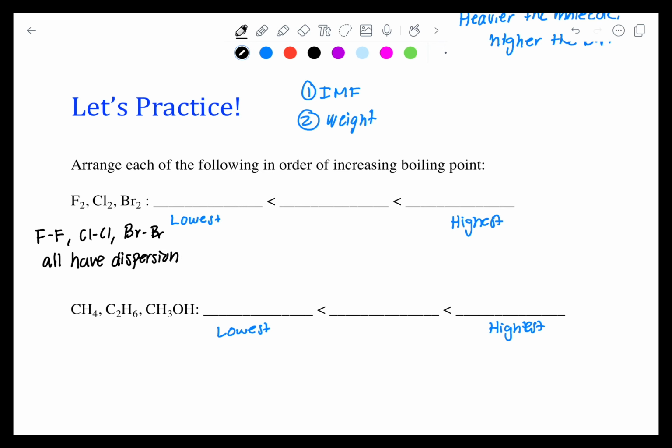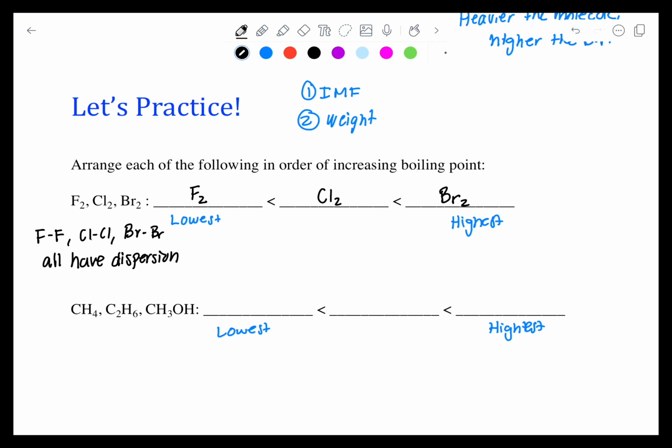Since they all have the same intermolecular force, their boiling point is going to be dependent on their mass or their weight. Fluorine is the lightest, so it's going to have the lowest boiling point. It doesn't take as much energy to get that light molecule into a gas. Bromine is the heaviest, so it's going to have the highest boiling point, and chlorine is going to be in the middle.